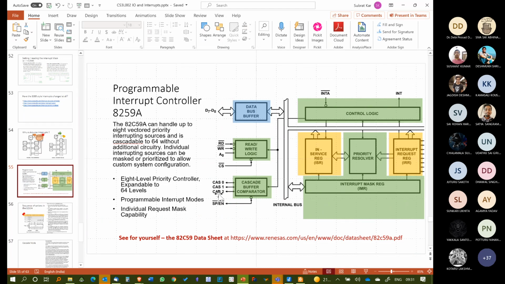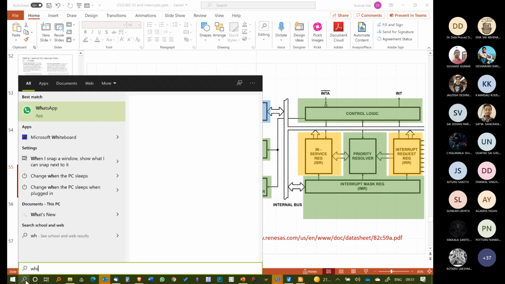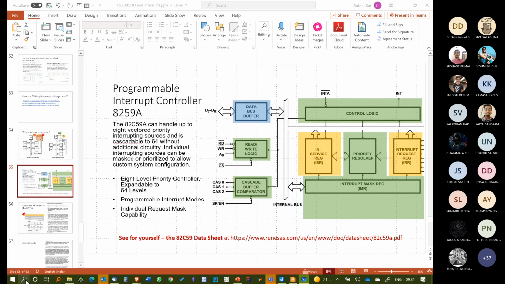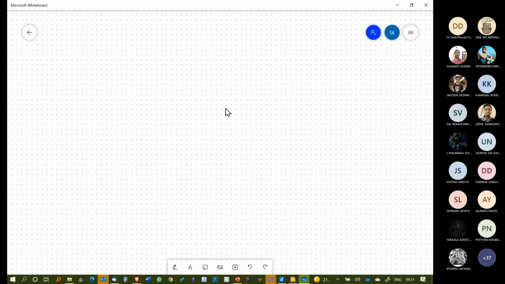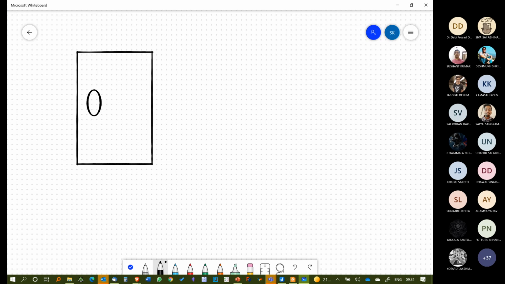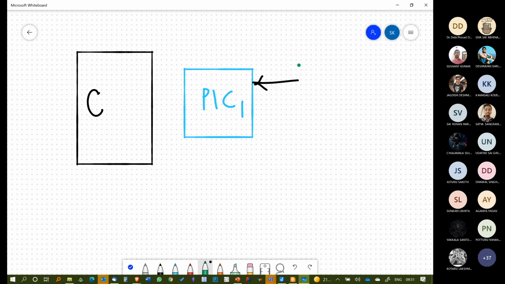Now you see, if you imagine a first level and second level contractor, okay, so if you imagine that this is the CPU, and the CPU talks to a first level PIC, so that's the first level, and each of the PIC inputs is connected to a second level PIC.